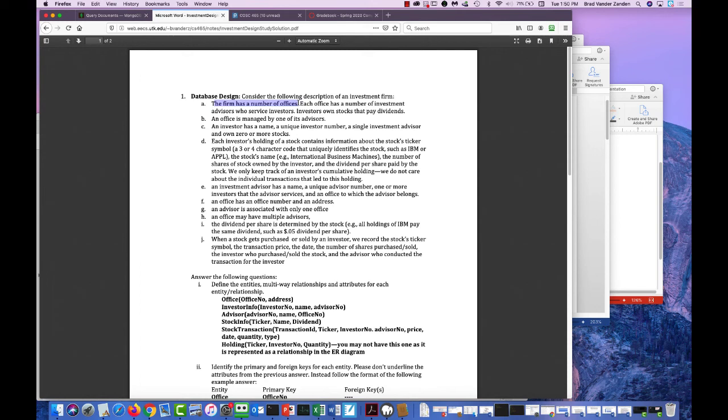Don't get suckered into thinking that the firm or the university or the hospital is an entity. It's not. It's typically the database. Now, if I have a database of hospitals, that's different. Okay? But if it's just the hospital has a number of wards, that's not a relation. Wards is an entity, but the hospital is not.